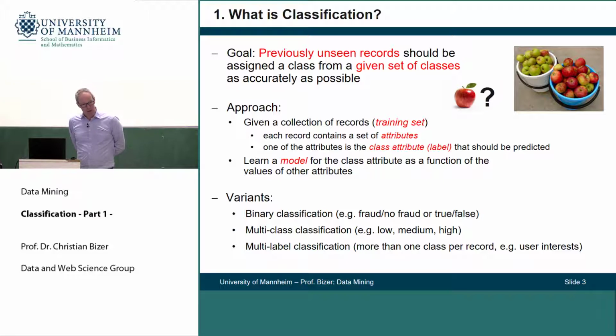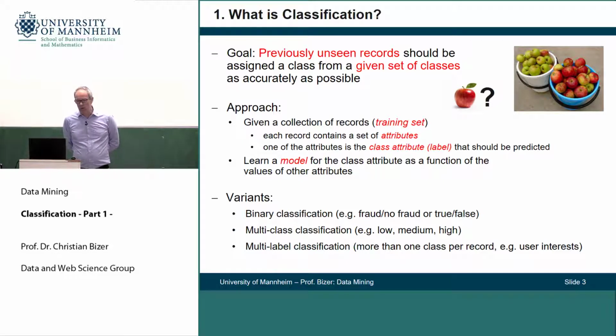Learn a model, some artifact, for the class attribute as a function, for predicting the class attribute as a function of the values from the other attributes. So basically we want to learn something. Input should be the weight and the color of the apple or some other attributes, and the output should be a very good prediction to which of these two classes of apples the apple belongs.